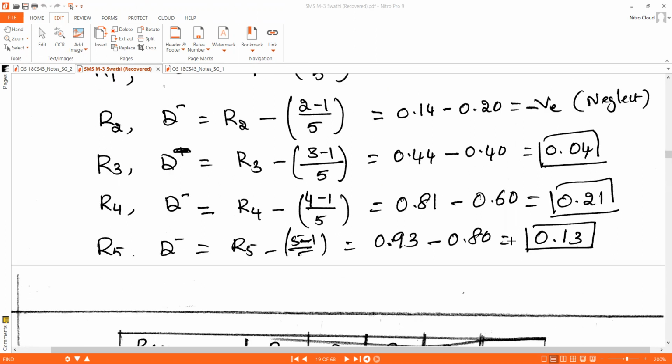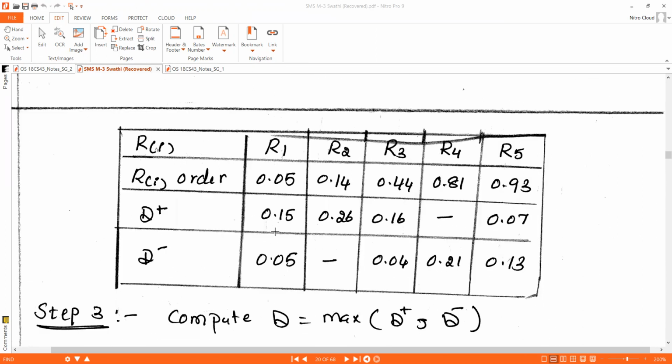We will write this in the table, that is 0.15. When i equals 2, d plus value is 0.26. When i equals 3, d plus value is 0.16. When i equals 4, d plus value we will get negative, so we will neglect it. When i equals 5, d plus value is 0.07.